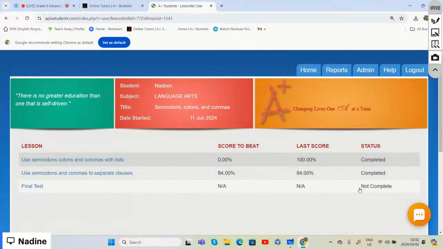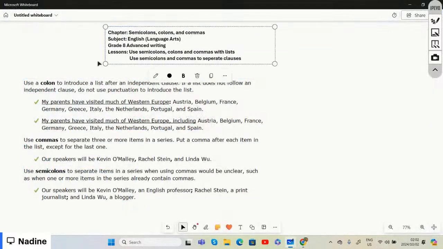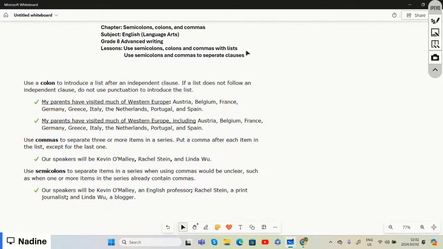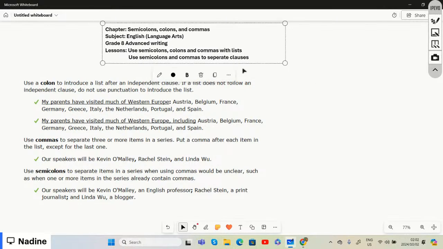All right. So our chapter is semicolons, colons, and commas, sorry. Our subject is English Language Arts. We're doing grade 8. It is high school advanced writing, but our focus is on grade 8.